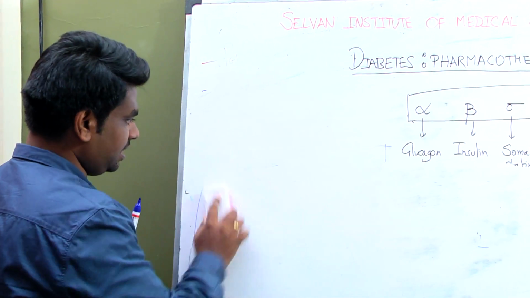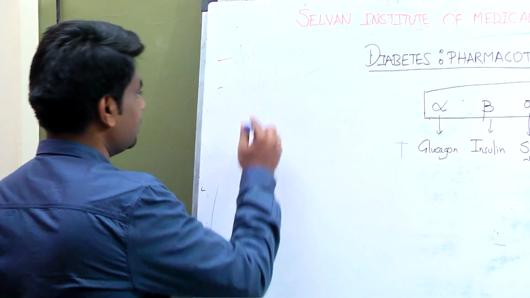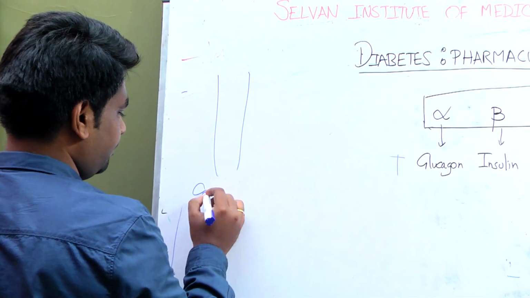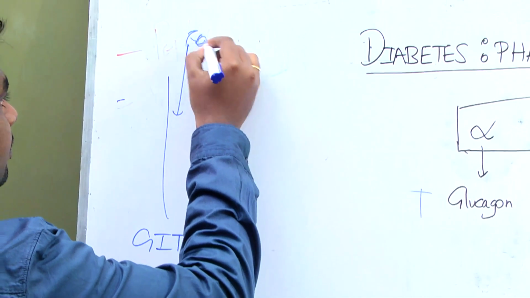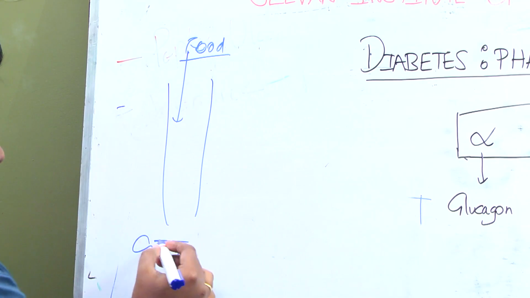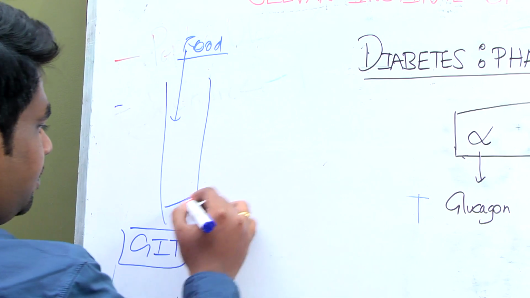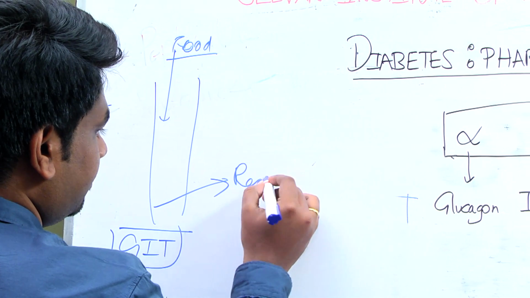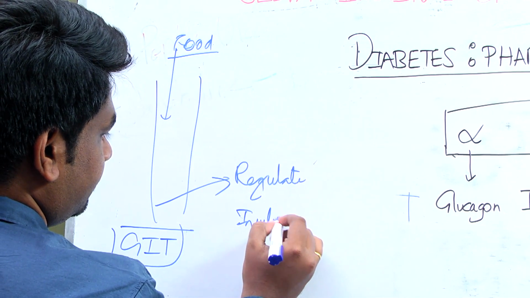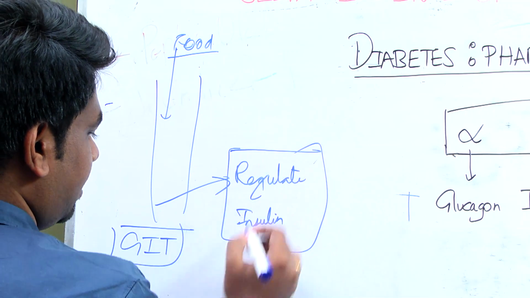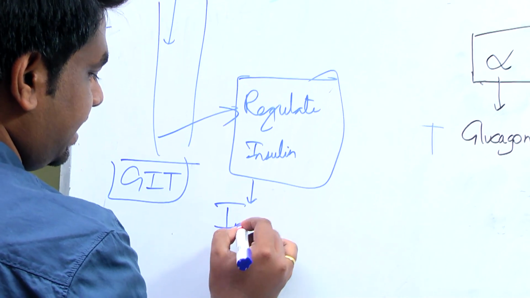So next we will see about when you take food. The GIT releases certain substances which regulate the insulin secretion. These substances were identified as incretins.